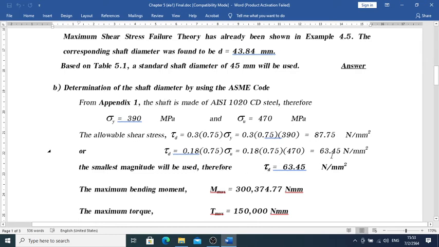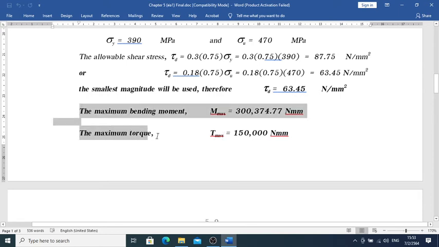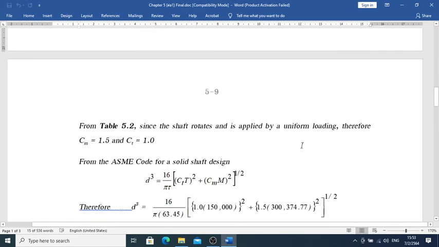So I make a selection of 63.45, and then we just take the maximum moment and the maximum torque. Be careful here, the ASME considers only the maximum moment and torque. Maximum only. They don't care about the point of stress concentration at all.